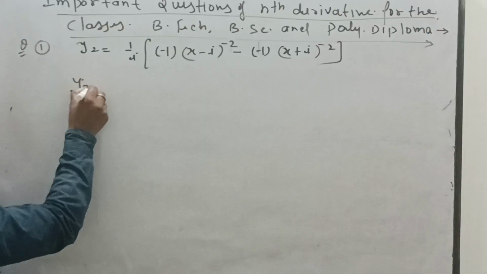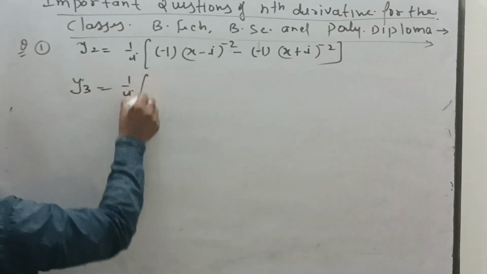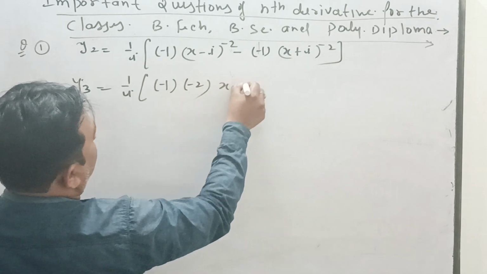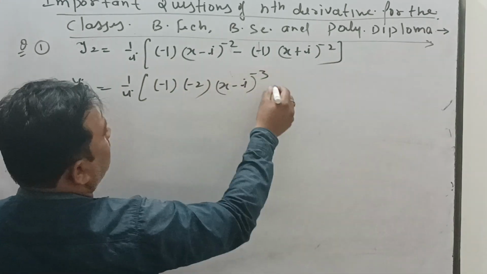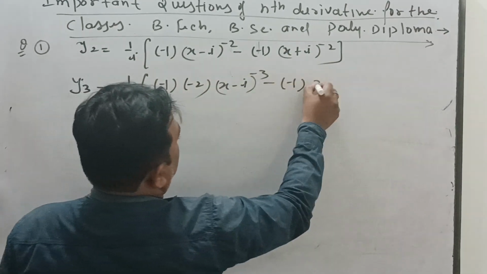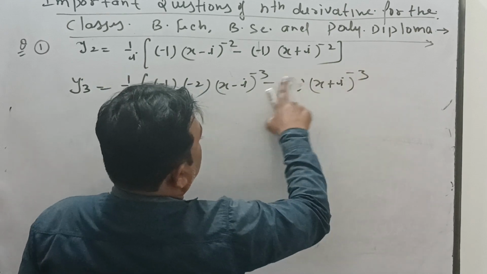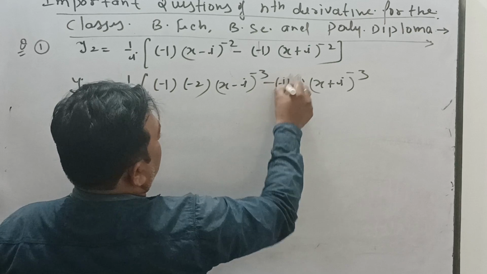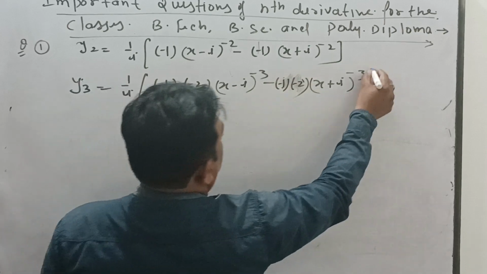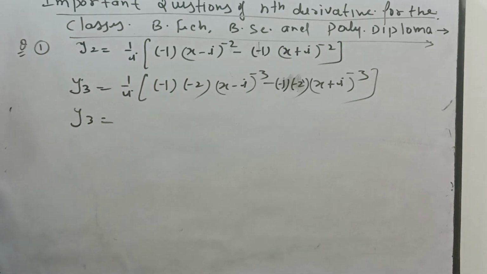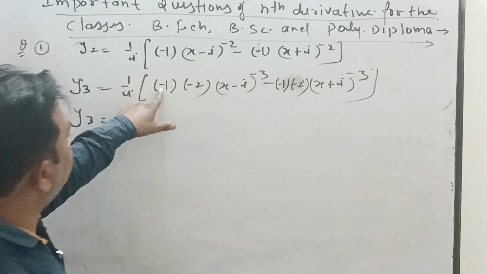Again differentiating this, 1 upon i, and the value of this is minus 1 and minus 2 times (x minus i) to the power minus 3, minus 1 times (x plus i) to the power minus 3, sorry, minus 1 into minus 2 of this. So now y3, you write the value of this as 1 upon i, minus 1 and minus 2.